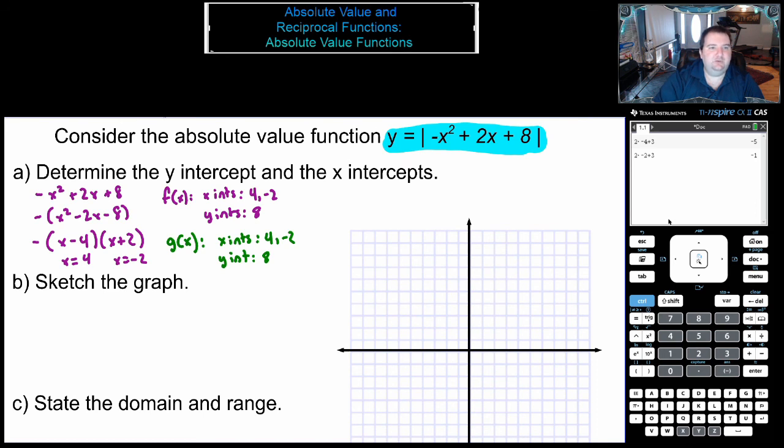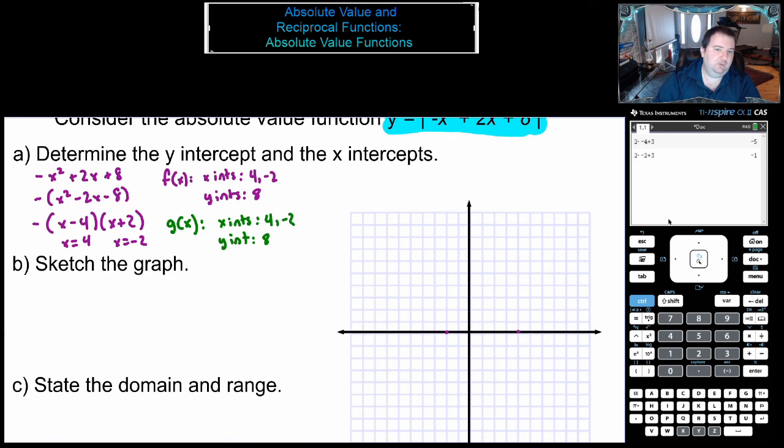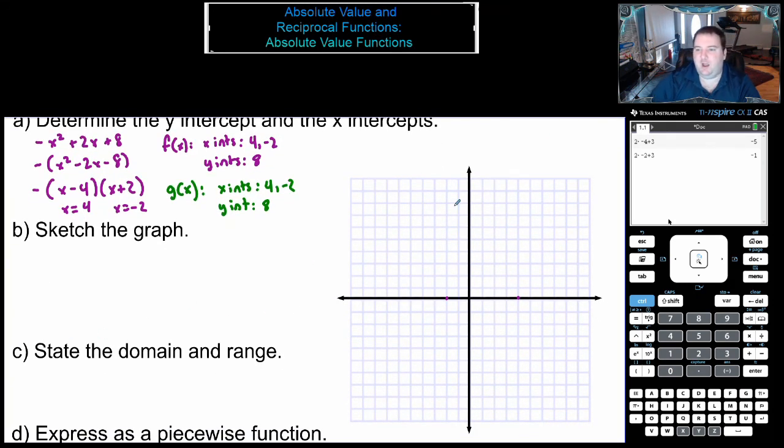Let's do this. Let's start, of course, with f of x. So we have one x-intercept being 4 and the other x-intercept being negative 2. And we have a y-intercept of 8. All right, so those are the points that we know. Now, something that I want you to consider here is the fact that when we're drawing our parabolas, we often want to find our axis of symmetry.